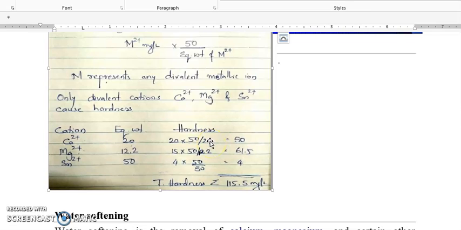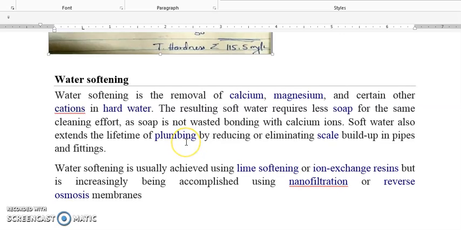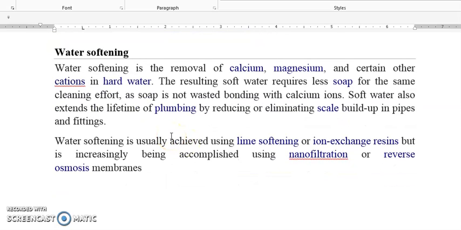This is many times asked in the exam, and even in the GATE exam this problem is asked. Right. So now what is water softening? Whenever the water is very hard, you have to reduce the hardness by using methods. Water softening is the removal of calcium and magnesium and certain other cations from the hard water, and the resulting soft water will require less soap for cleaning, and soap is not wasted because of the bonding with the calcium ions.